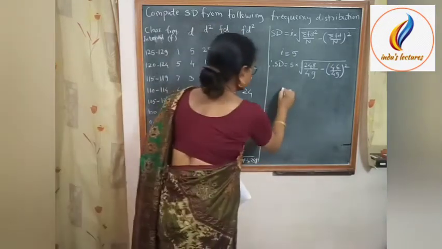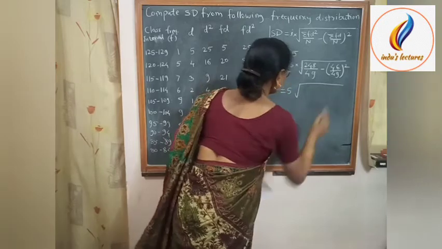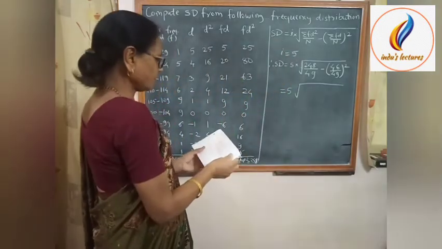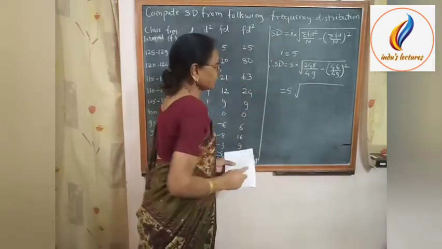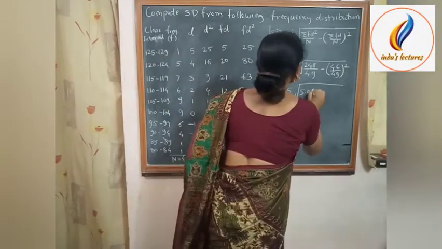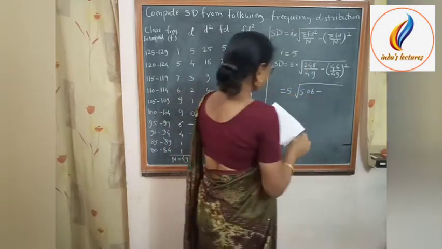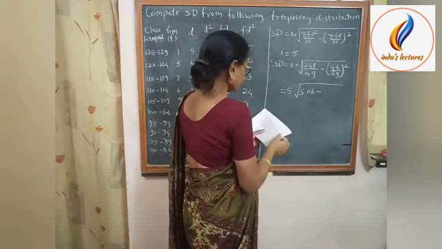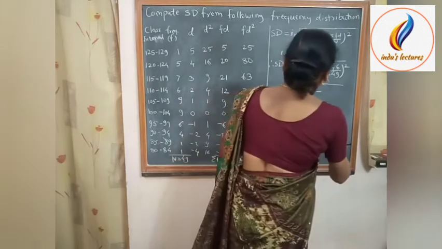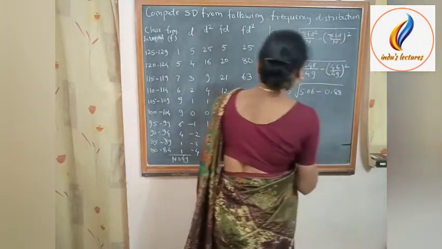Now which is equal to 5 into under root of the value of 248 upon 49, which is 5.06, minus, taking the square, we get its value is equal to 0.88.